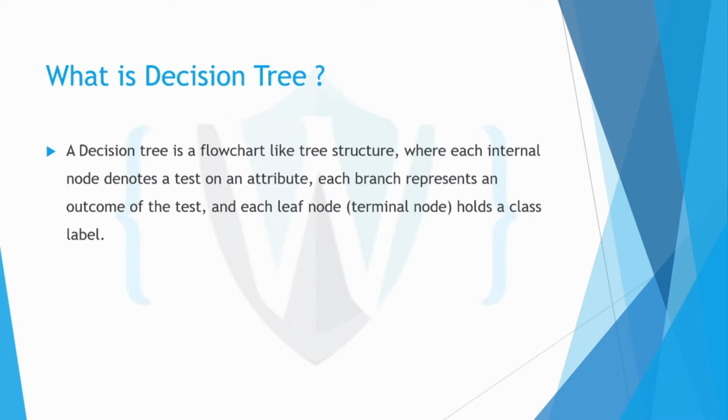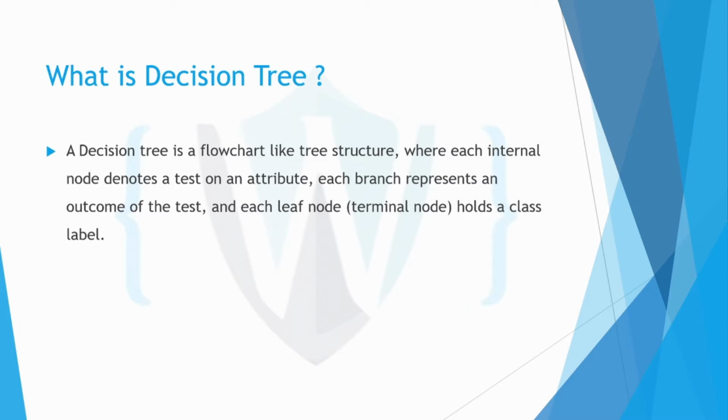As you are all familiar with the flowchart, it consists of a root node and several internal nodes, and at the last level there are leaf nodes, and all of these nodes are connected with branches. In this definition of a decision tree, all the internal nodes represent the test cases that we apply on our data sets, and the branches coming out from these test cases denote the outcome of the test case, whether the test is passed or failed by a data point.